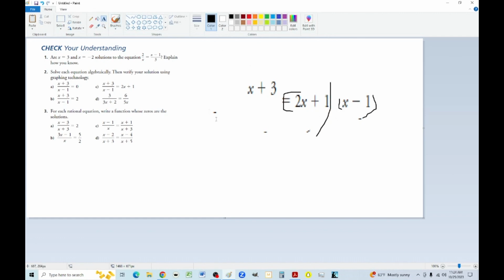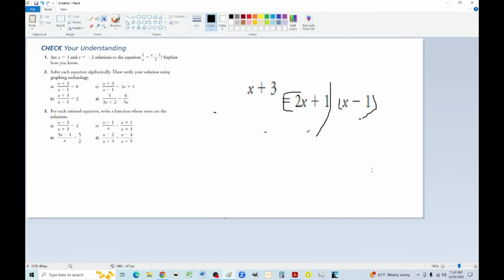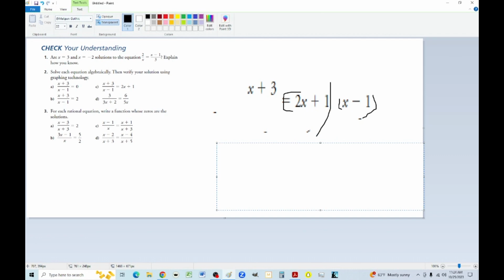So you get x plus 3 is equal, and so we've got to expand this: 2x squared minus 2x plus x minus 1. Minus 2x plus x makes minus x. And then when we bring this x over here, we get minus 2x again. And when we bring this 3 over by subtracting 3 on both sides, we get minus 4.